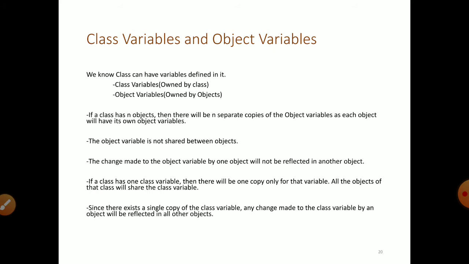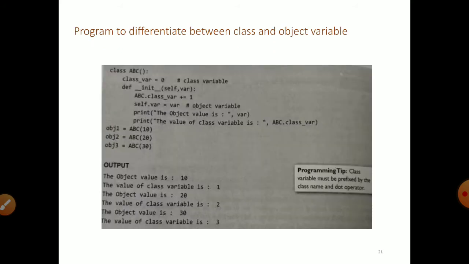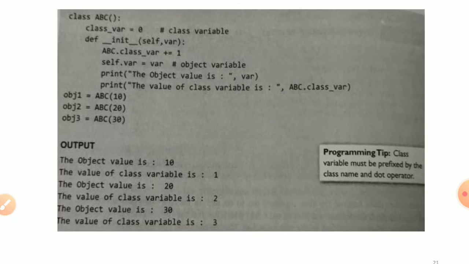So what you understood from these features is that class variables and object variables are ordinary variables that exist in the class and object namespaces respectively. Now we'll see the actual difference between the class variable and the object variable in this particular program.